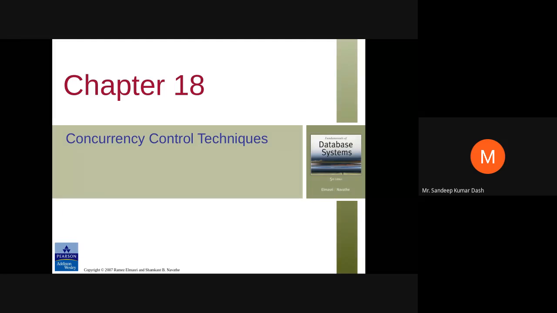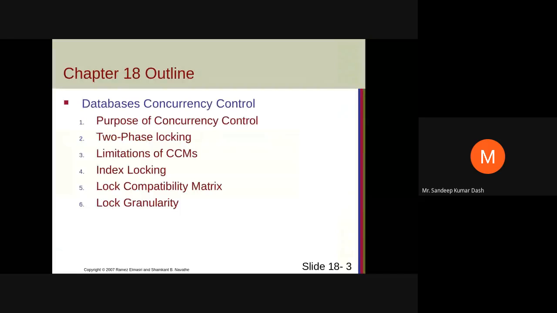Fine. So how do you avoid those things? The methods described under concurrency control techniques can be used in order to handle those situations. So under this chapter, we'll see what are the different concurrency control techniques.